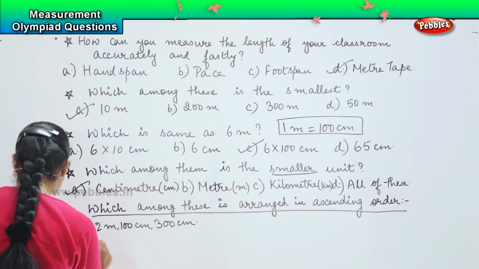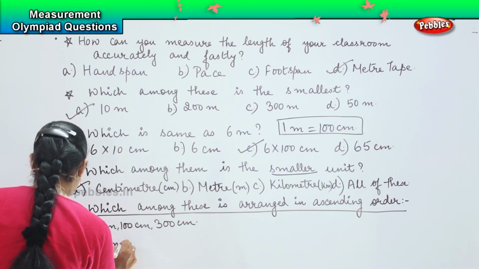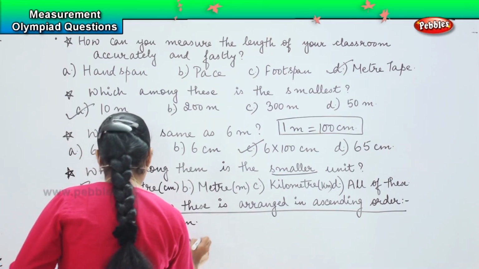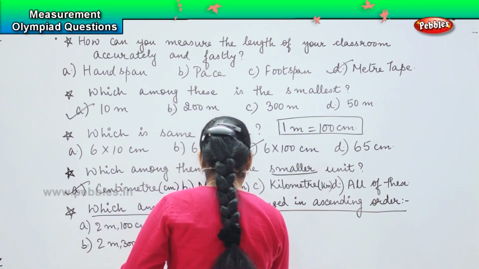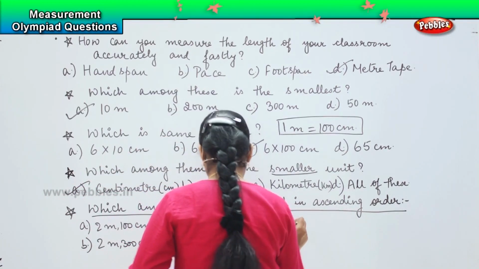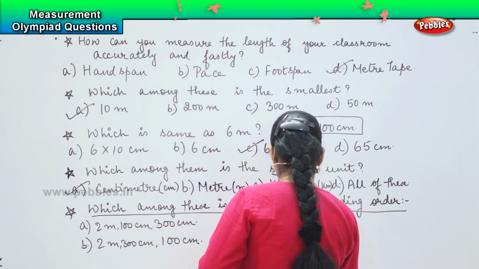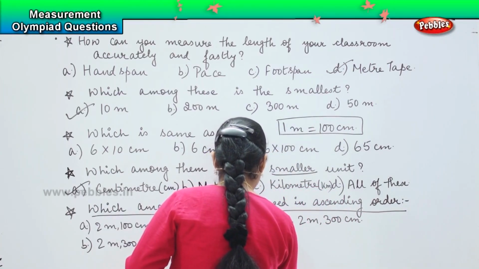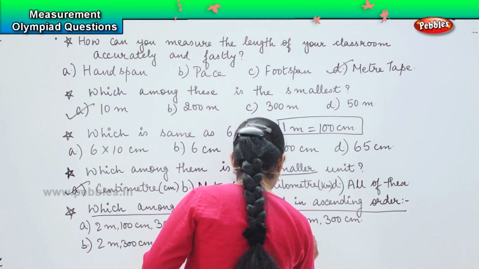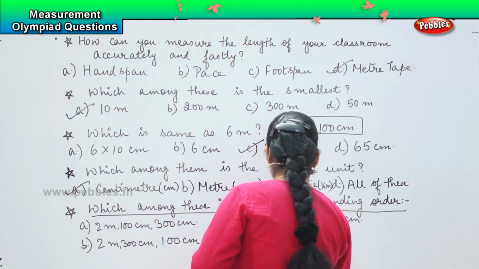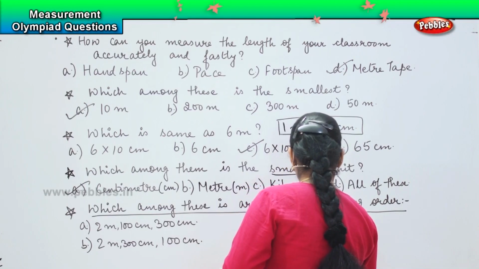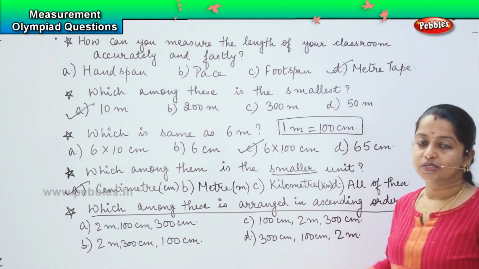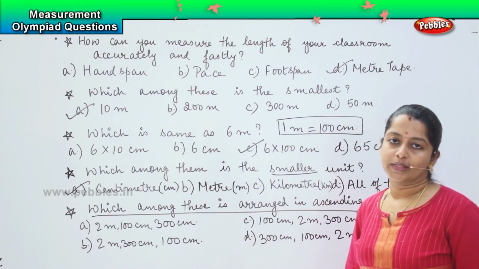Option B 2 meter, 300 centimeter, 100 centimeter. Option C 100 centimeter, 2 meter, 300 centimeter. Option D 300 centimeter, 100 centimeter, 2 meter. Okay. So it is only meant to confuse us, to check whether we are thorough with our formulas.